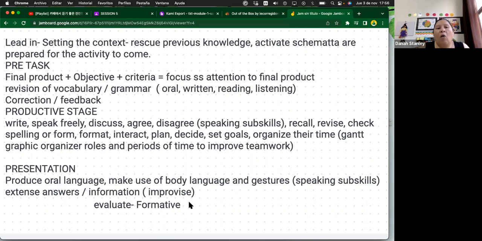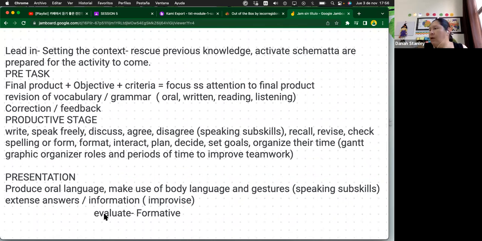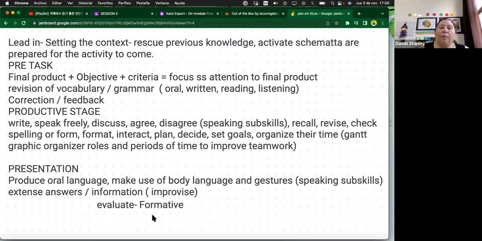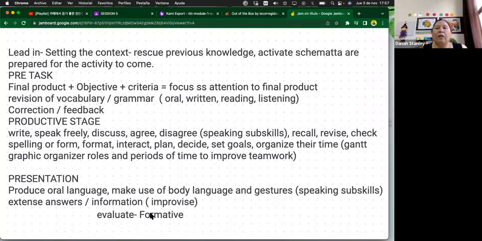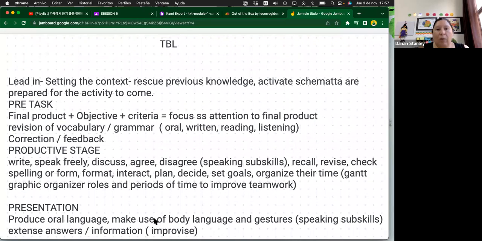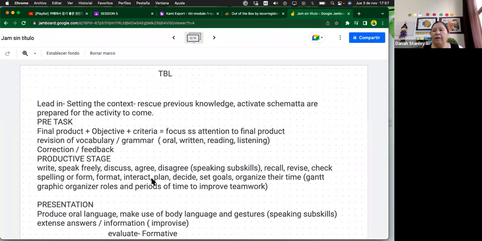And in here, again, the evaluation can be formative. And remember that formative evaluation can be transformed into summative evaluation. If you noticed in the video, the teacher divided the notebook into 4 columns, and she was evaluating these 4 sub-skills.